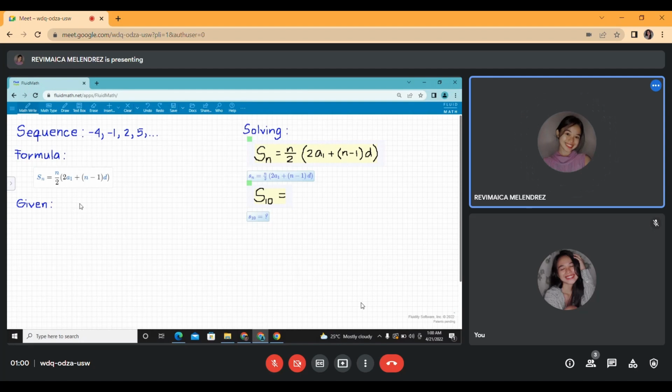So we have here a sub 1 is equal to -4. n is equal to 10.